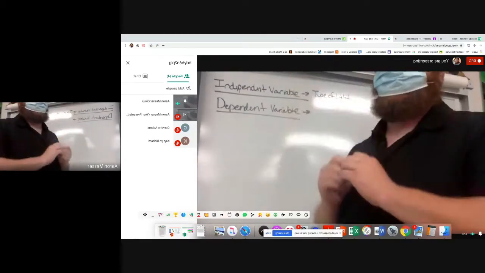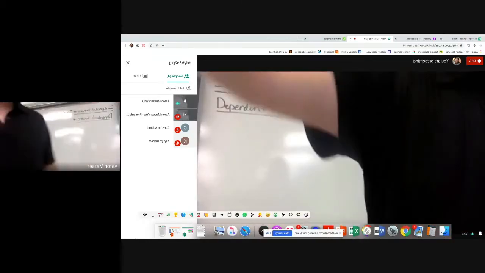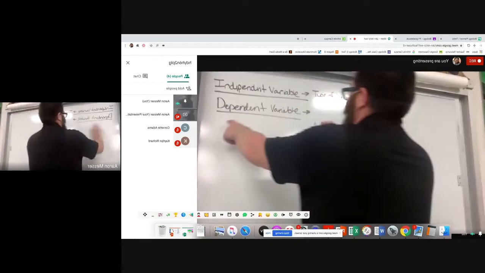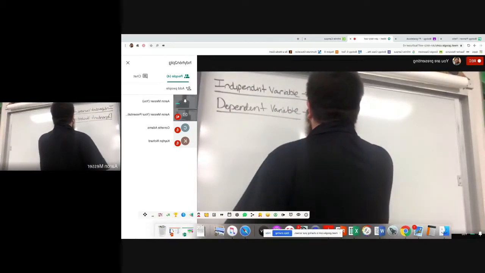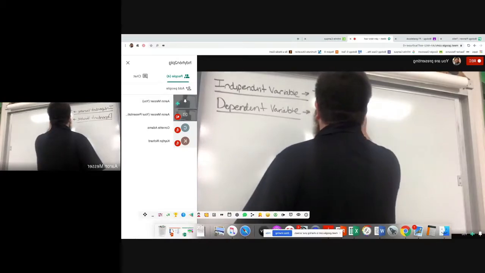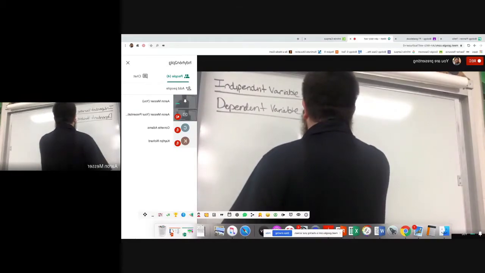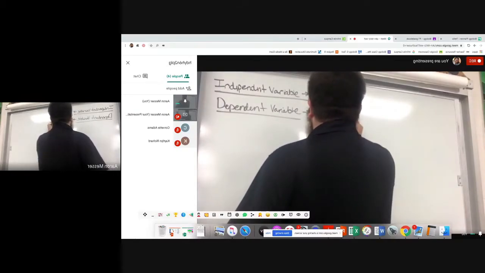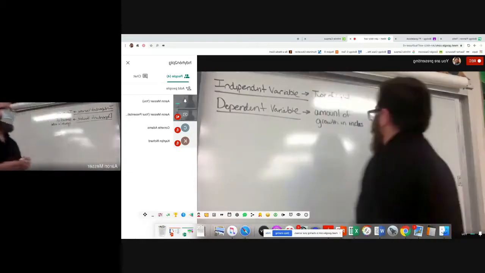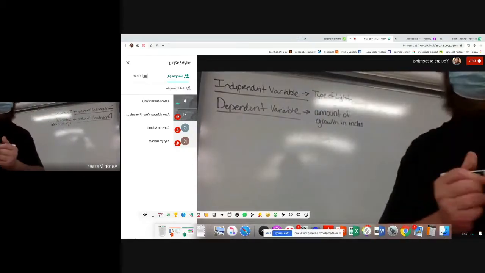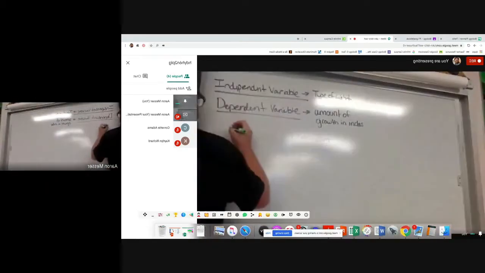I understand what you mean, but let's phrase it that way. So the dependent variable is what we're measuring, and we're measuring the amount of growth. In what measurement? In inches. Okay. Measuring the amount of growth in inches. What was the hypothesis?